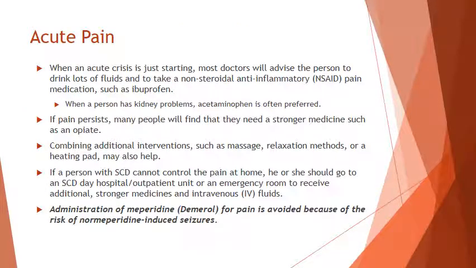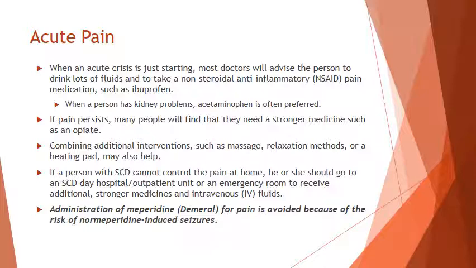For acute pain, when an acute crisis is just starting, most doctors will advise the person to drink lots of fluid and take a nonsteroidal anti-inflammatory such as Motrin or ibuprofen. If a person has kidney problems, though, acetaminophen is preferred, not the Motrin. If pain persists, many people will find that they need a stronger medicine such as an opiate.